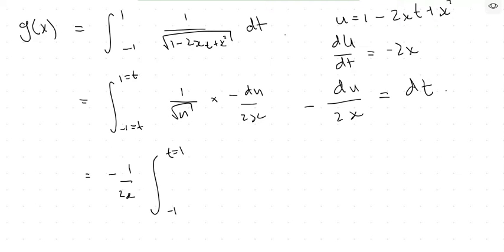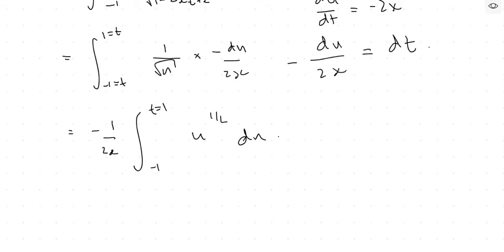With t from 1 to minus 1, u to the minus a half du. Integrate that, so minus 1 over 2x, sorry, that was minus a half, I was right, 2u to the half, and t is 1, negative 1.